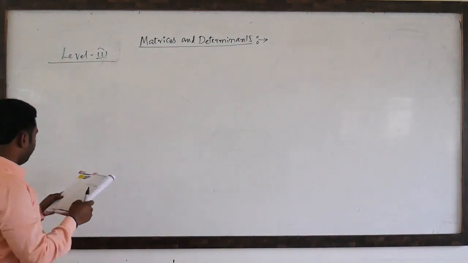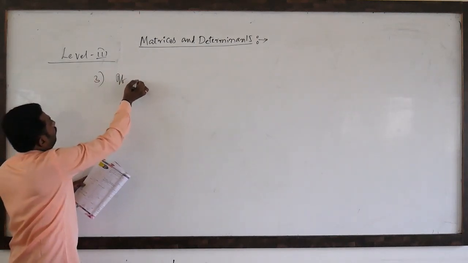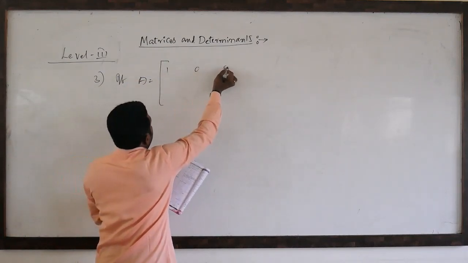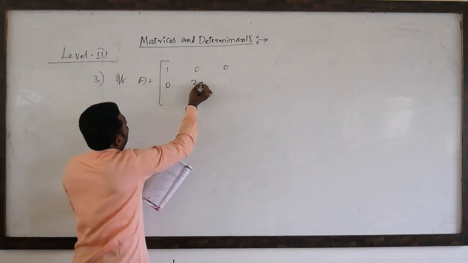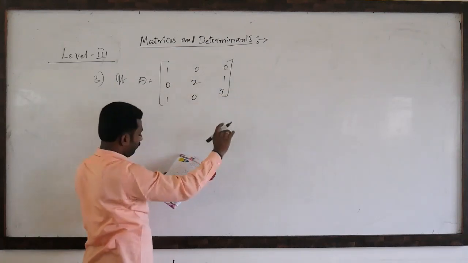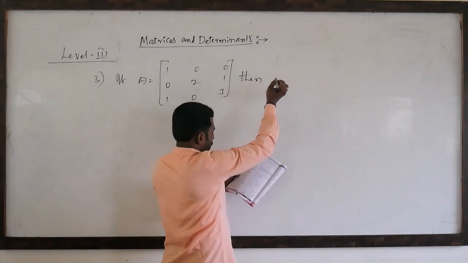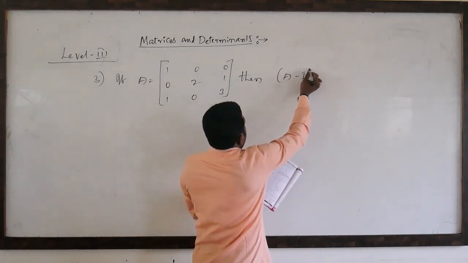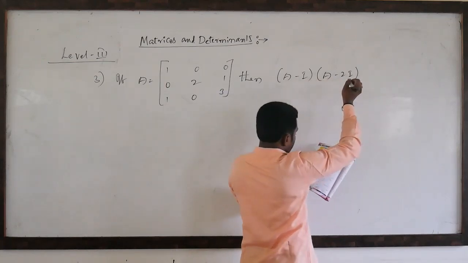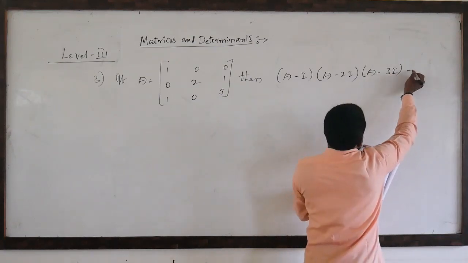Question number 3. Third question. If A equal to matrix 1 0 0, 0 2 1, 1 0 3, then A minus I, A minus 2I, A minus 3I value they are asking.